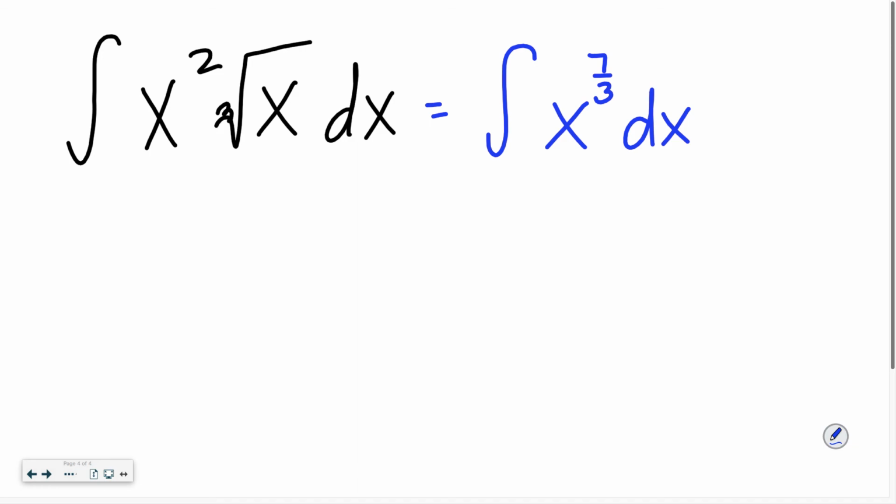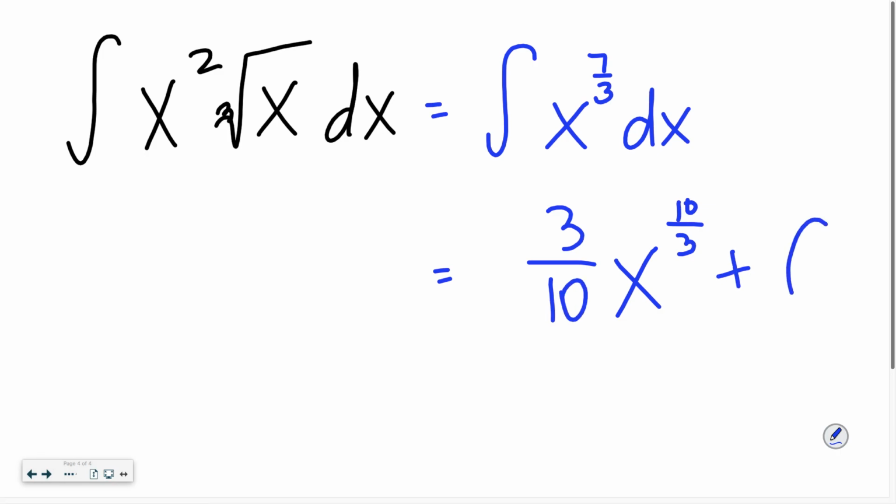Okay, so now when we take our antiderivative, if we increase the power by 1, what would that be? 10/3. The reciprocal is our coefficient, and don't forget about that plus c.